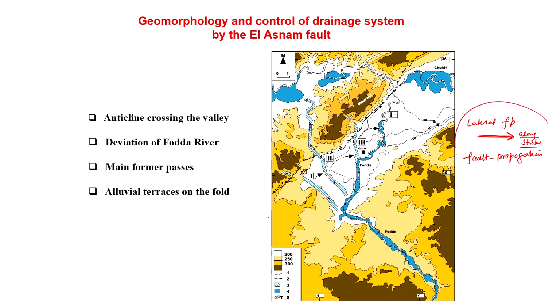And if I'm not wrong, we briefly discussed the Bias channel, this one example we discussed, and the second one was your Dabka river channel. This is in Punjab Himalaya, and this one is in Kumaon Himalaya.